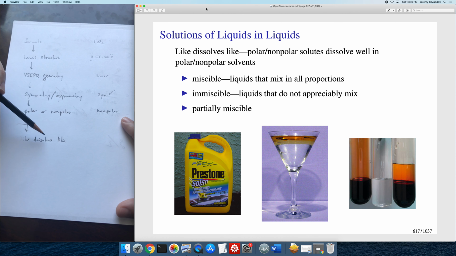Then we'll ask ourselves, do you expect CO2 to dissolve better in water or a nonpolar solvent like benzene, something like that? And so based on the rule, you would predict the nonpolar solvent would be better.